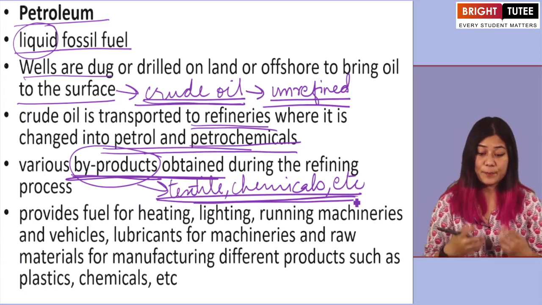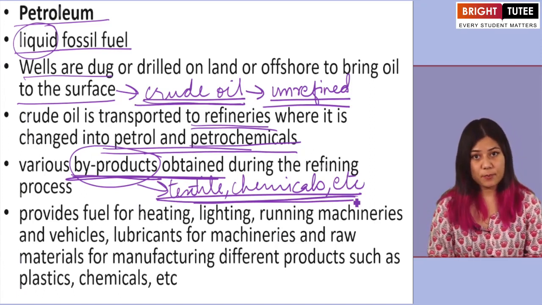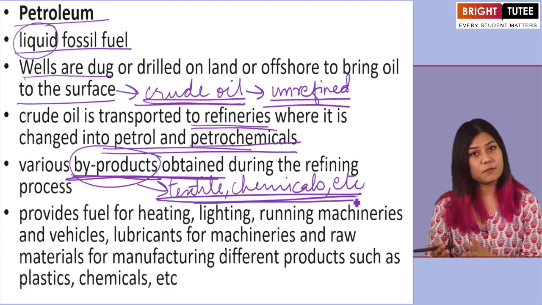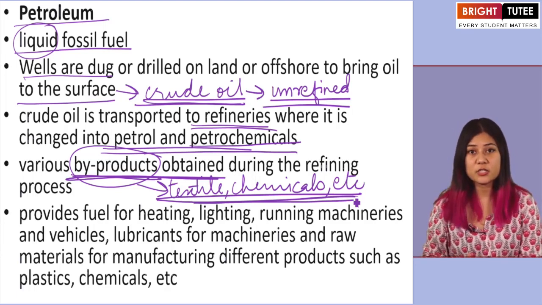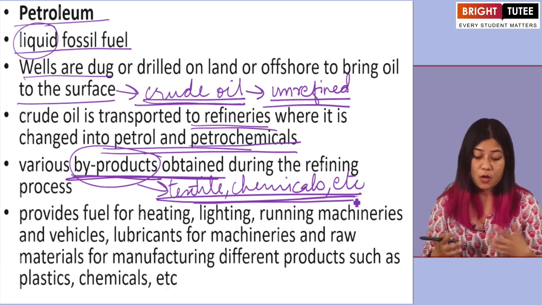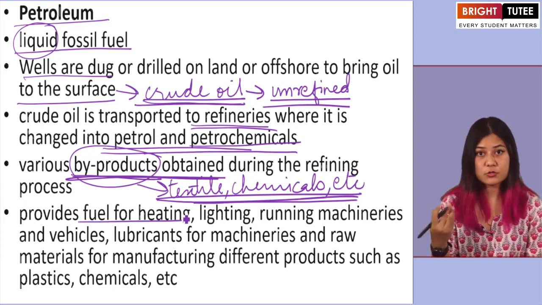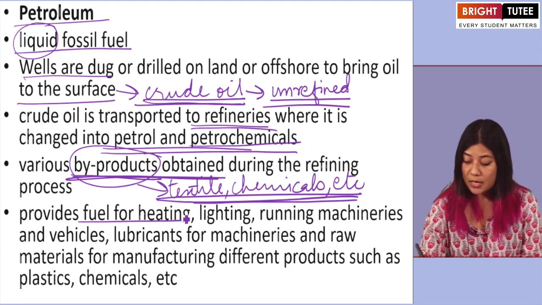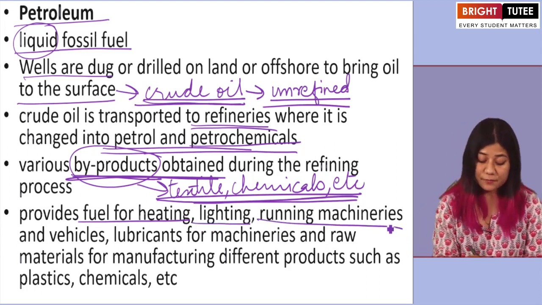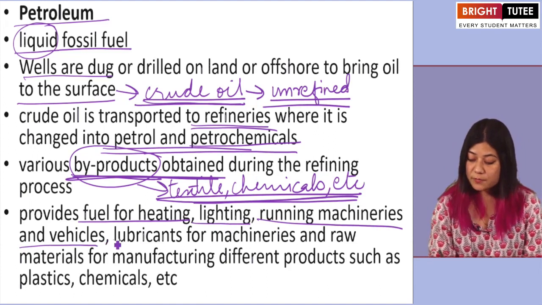Now, petroleum is very important. It is another important fossil fuel, another important source of energy. Why? Because petroleum provides fuel which is used for generating heating, providing lighting, and running machineries and vehicles, and as lubricants for machineries.